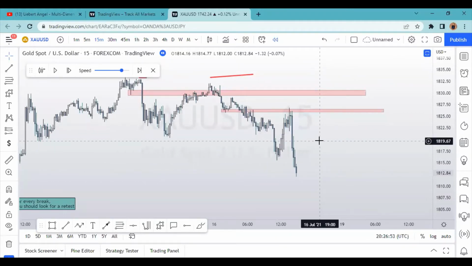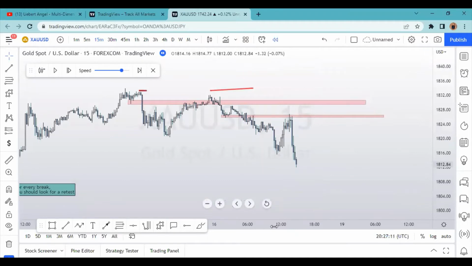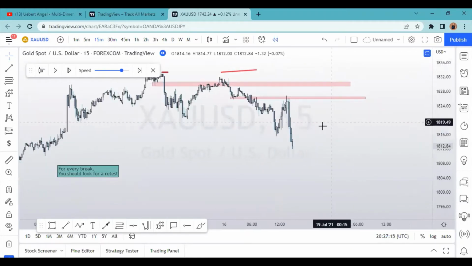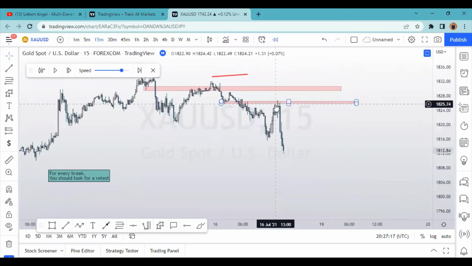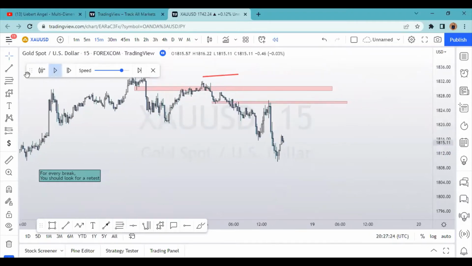I think I have a video on YouTube where I was teaching some people what candlesticks are, where buyers are in control, sellers are in control, and so on. It can give you a little insight as to who is in control at that point in time. So with the candlesticks forming here, price respected the entire area.